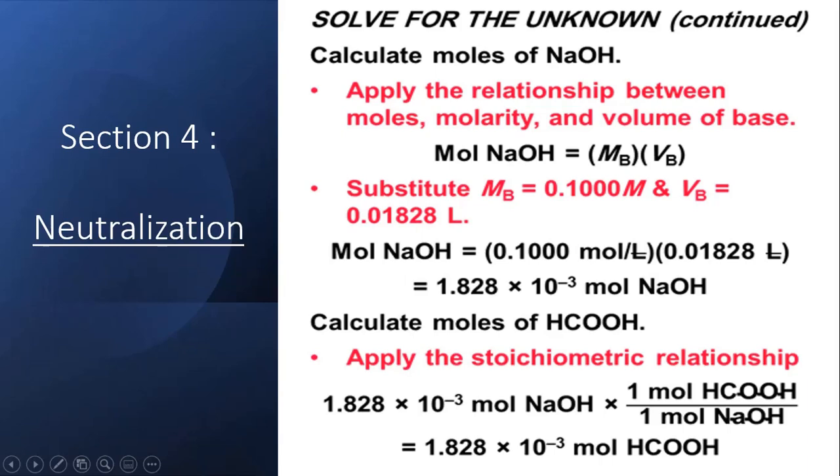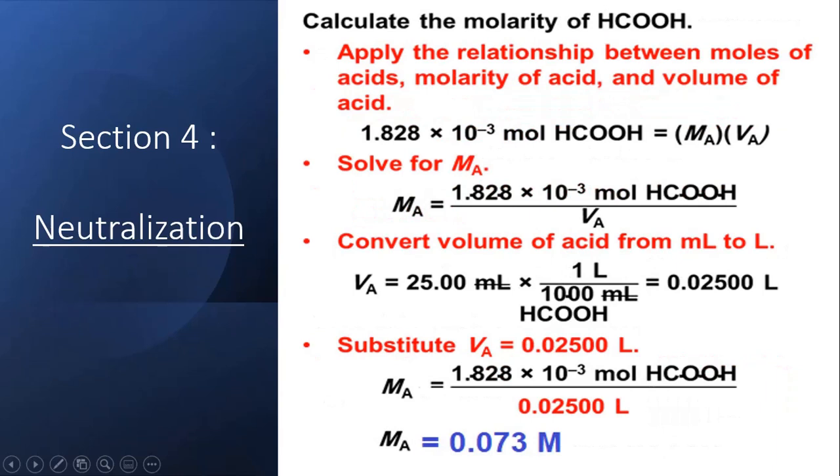Okay, so the next step will be to apply the relationship between moles of acid, molarity of acid, and the volume of the acid. What do we have about the acid? We have the concentration not given, we have the volume, and we have the moles. If the moles are given now, and the volume is given, we can calculate the concentration by dividing the moles over the volume.